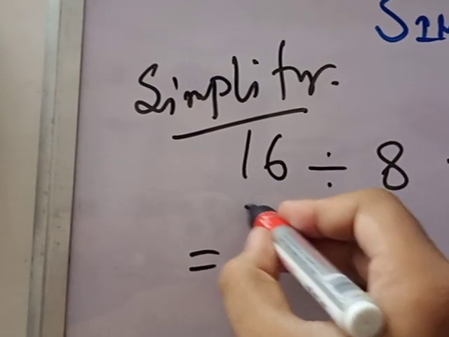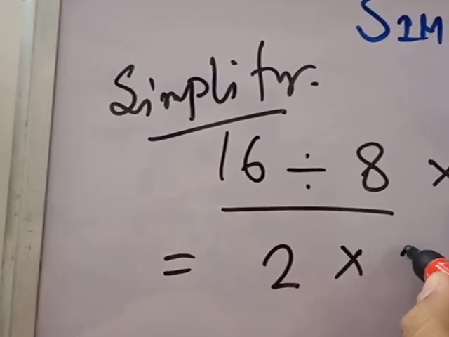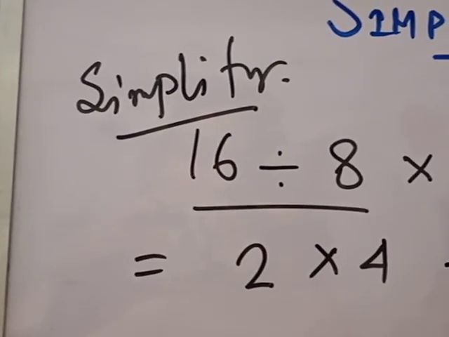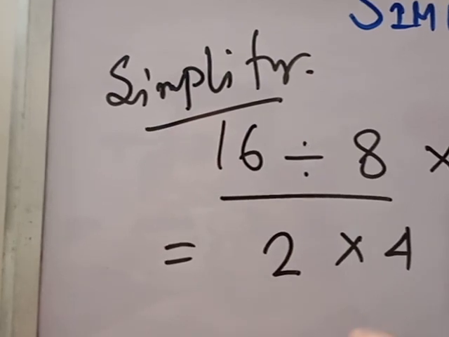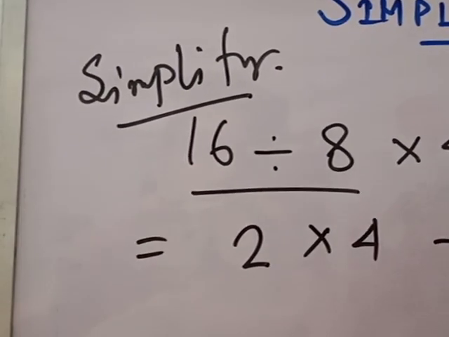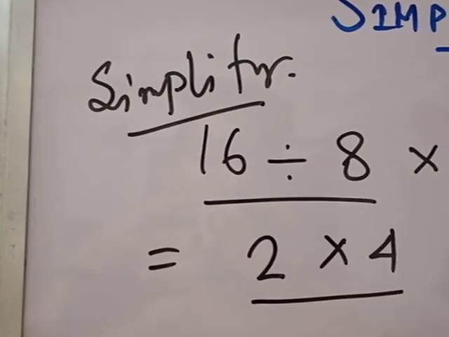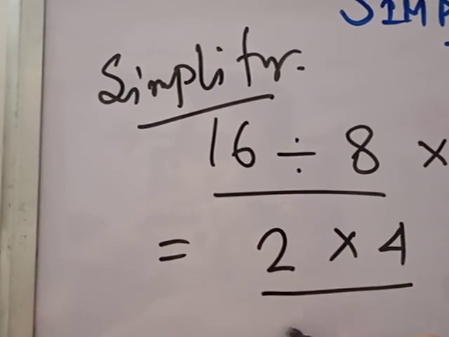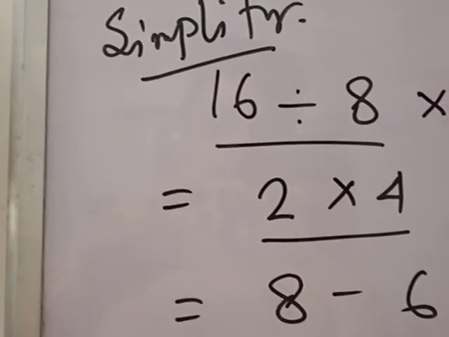Division first, that means 16 divided by 8 is 2, into 4 minus 2 into 3. Now see that no addition is there, so only multiplication: this into this and this into this. So 8 minus 6, that is 2.